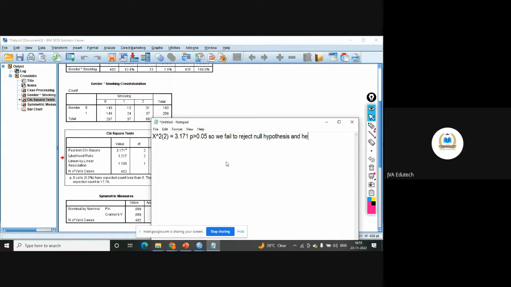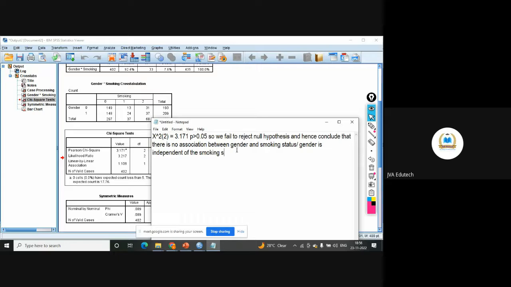and hence conclude that there is no association between gender and smoking status, or gender is independent of the smoking status.